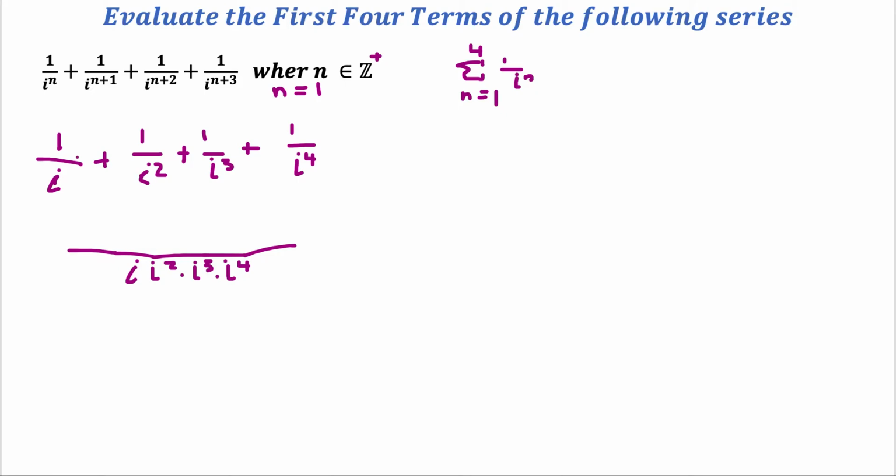For the first term here, we can write i squared times i cubed times i to the 4.